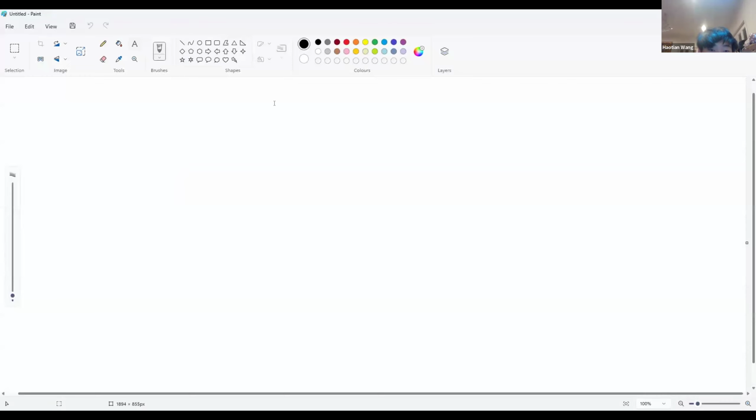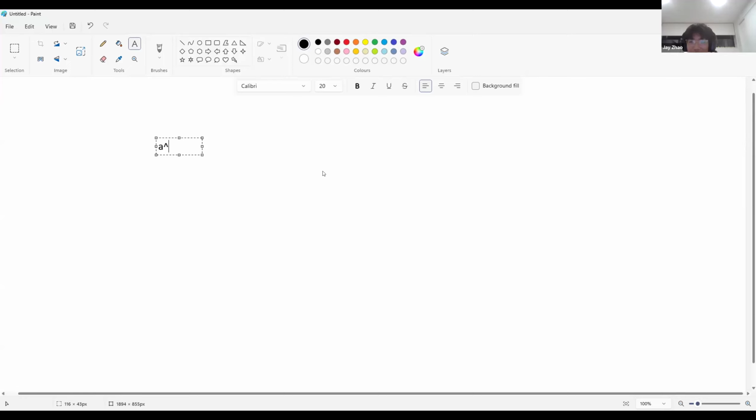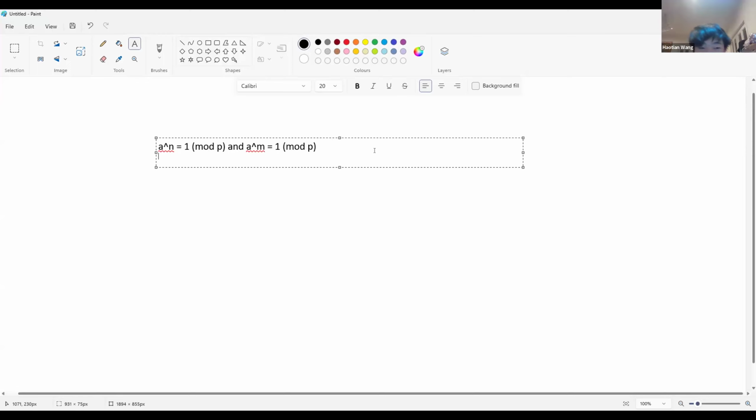So, I forgot the problem. Oh, it's if a to the n is congruent to 1 mod p, and a to the m is congruent to 1 mod p. Oh, okay. So we are asked to prove.